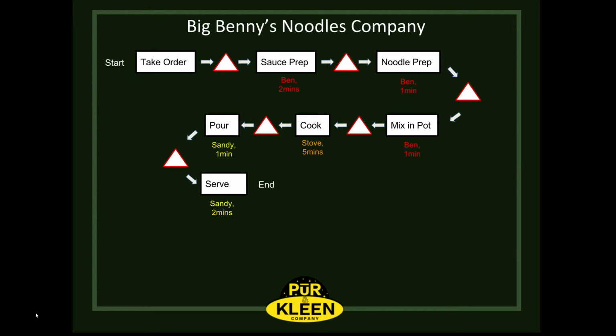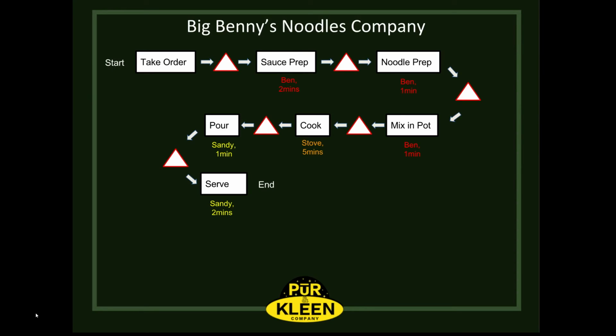Since we have only 1 copy of Ben, 1 copy of the stove, and 1 copy of Sandy, it is now apparent that our overall process capacity is 12 orders per hour. But we are currently producing 5 orders per hour. Thus, it's your job as process manager to optimize the utilization of your bottleneck.